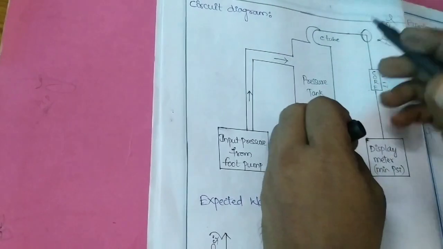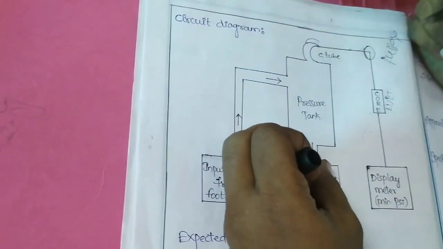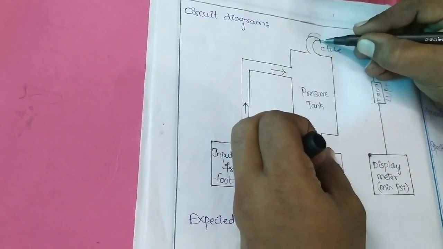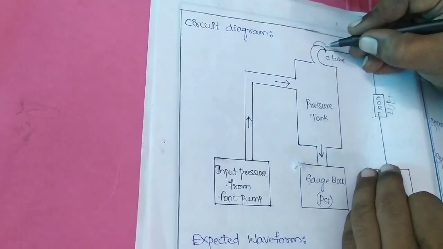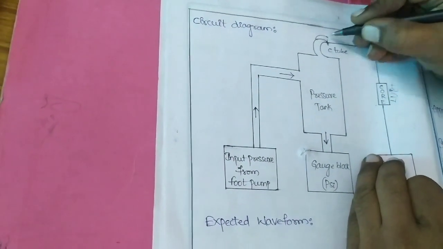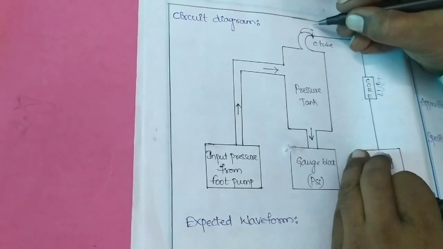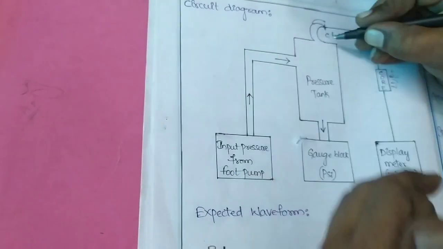Because of that pressure, this end moves upward. Initially the position is here, and because of the pressure created, it moves to the upward side. If the pressure is high, it moves upward; if the pressure is low, the end of the C tube moves downward.